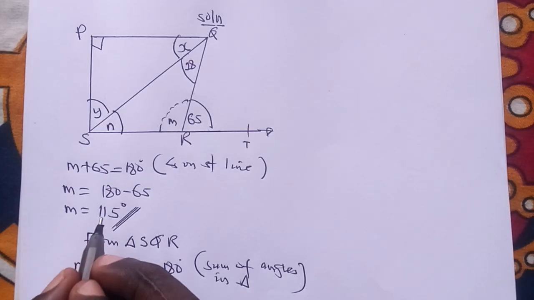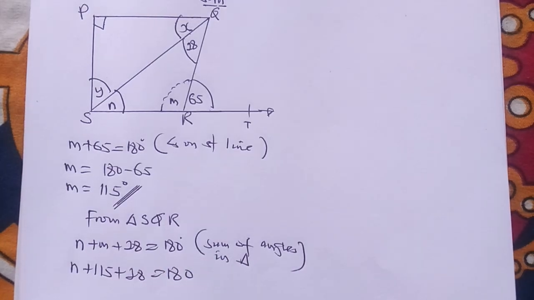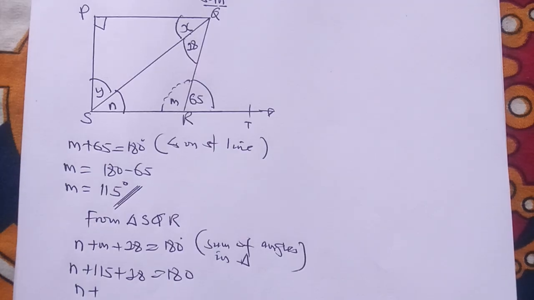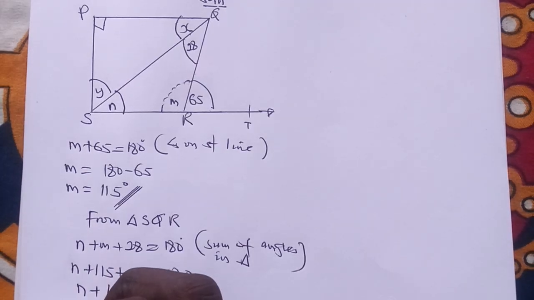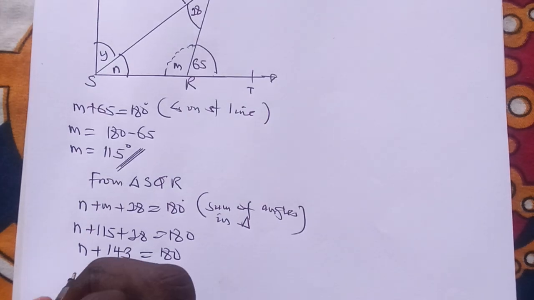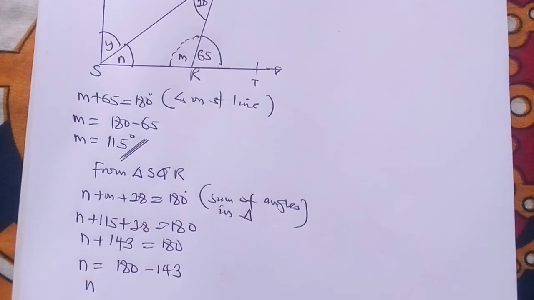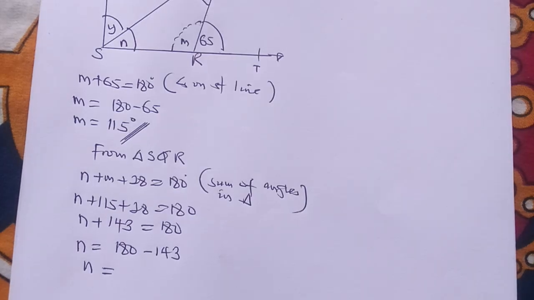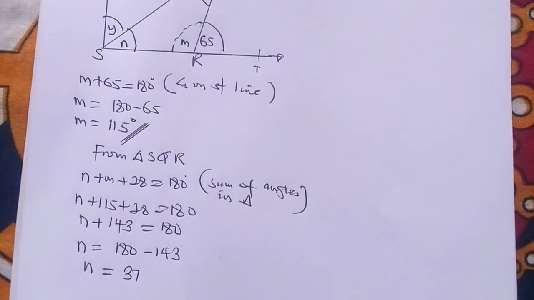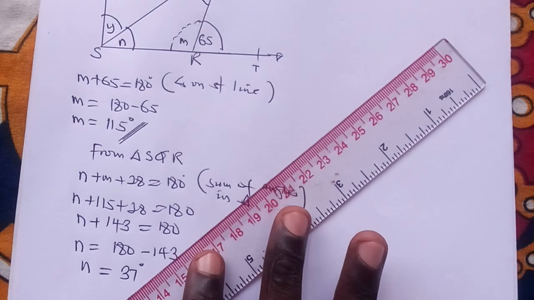But remember, we have m already as 105. We want to find the value of n. So n plus 105 plus 28, then everything becomes 180. n plus 105 plus 28, you're going to have 133. So n is 180 minus 133, which becomes 47 degrees.